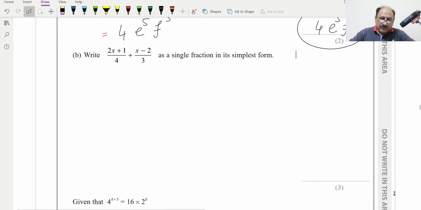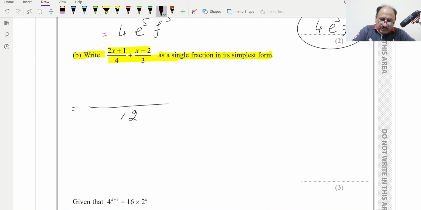Hopefully you got this. Then write this one as a single fraction in simplest form. So we can take the LCM, and this will be 12 over here. Then this multiplied by 3, so 3 into (2x plus 1), and then this plus sign over here, and this multiplied by 4, so it will be 4 into (x minus 2).